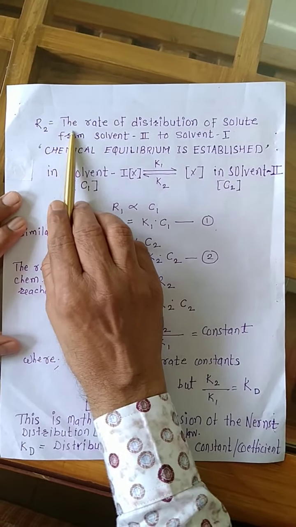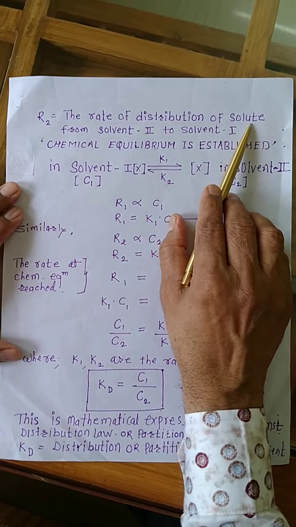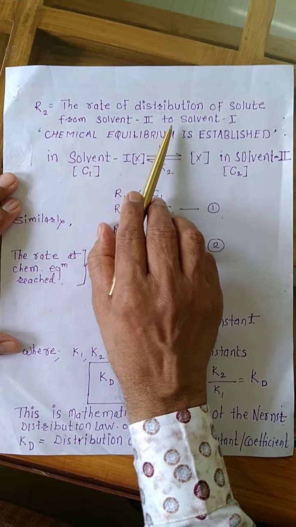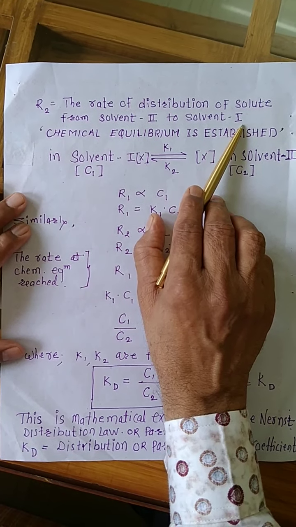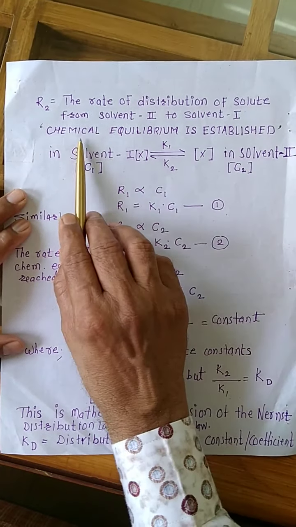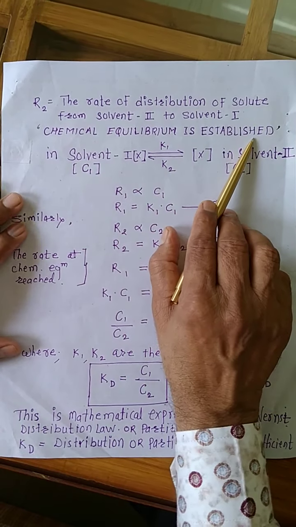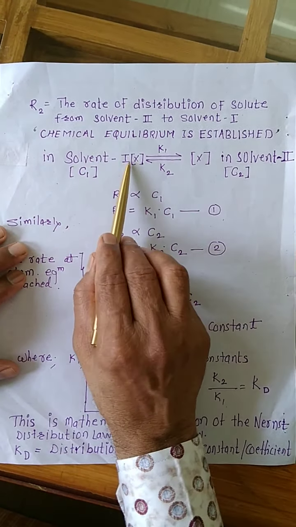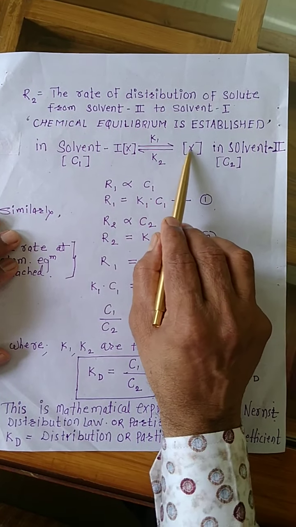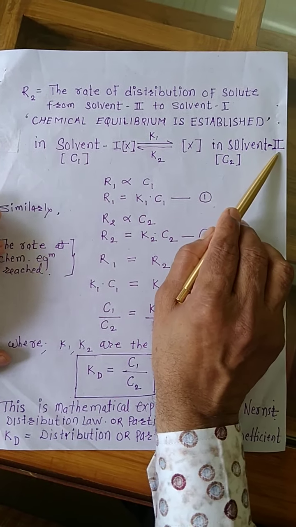R2 is the rate of distribution of solute from solvent second to solvent first. Now here chemical equilibrium is established. Solute X in solvent first, solute X in solvent second.